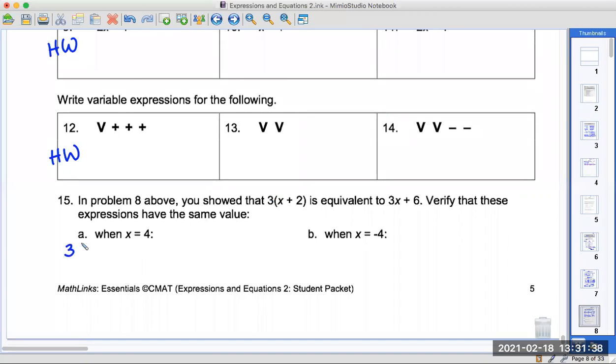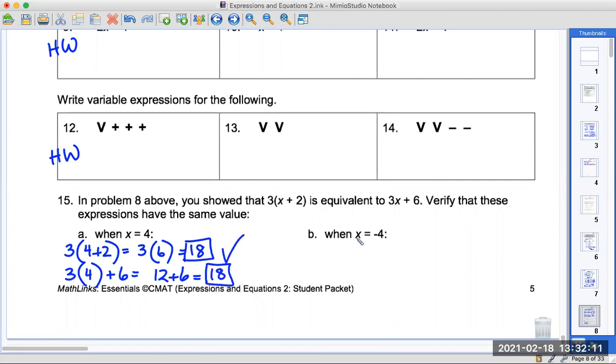So I have 3 times 4 plus 2, which is 3 times 6, which is 18, and 3x plus 6, 3 times 4, because x is 4, plus 6 is 12 plus 6. Remember, multiplying before adding. It's also 18. Yep, checks.